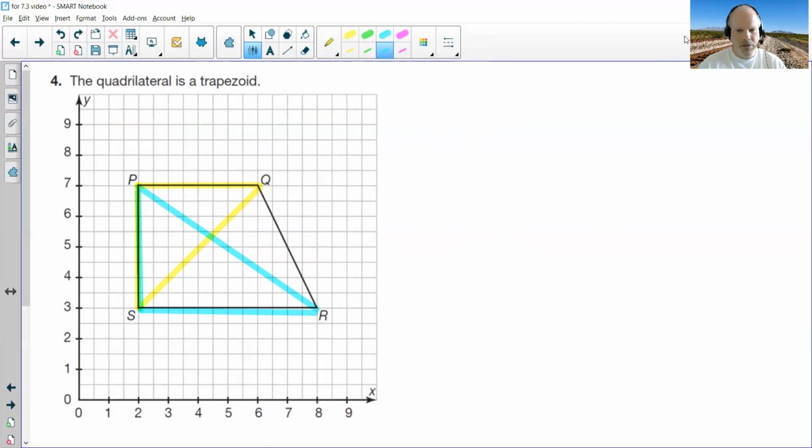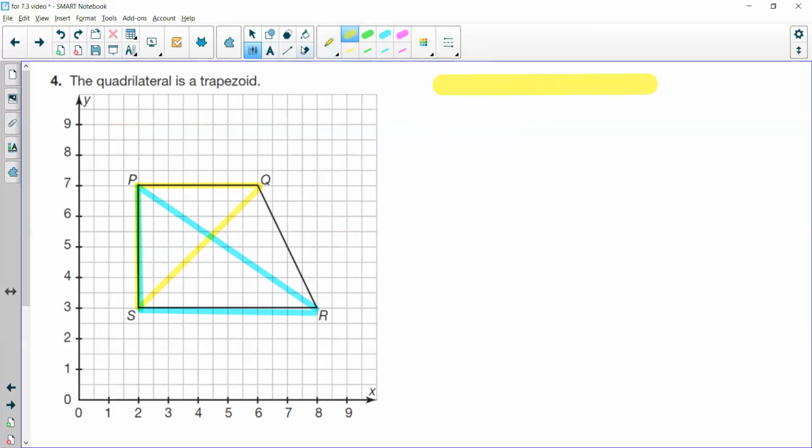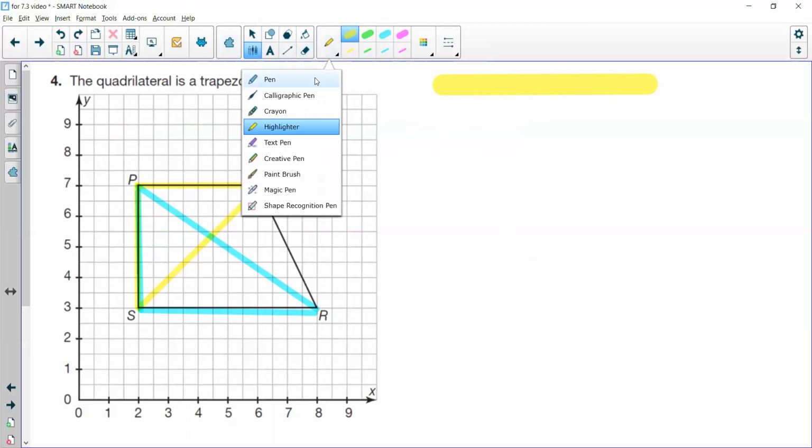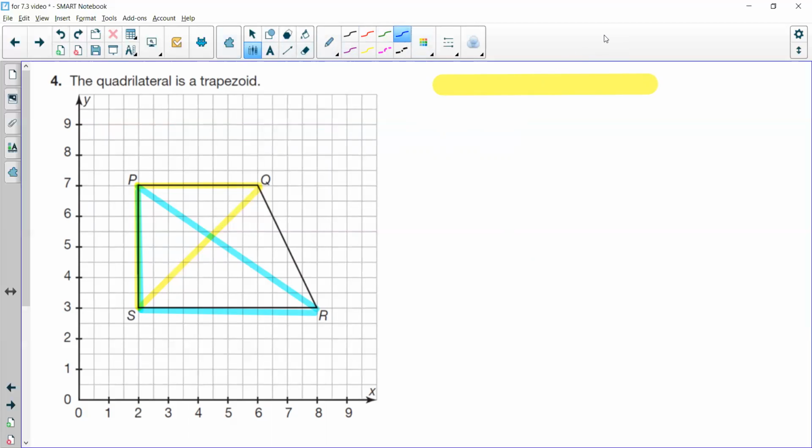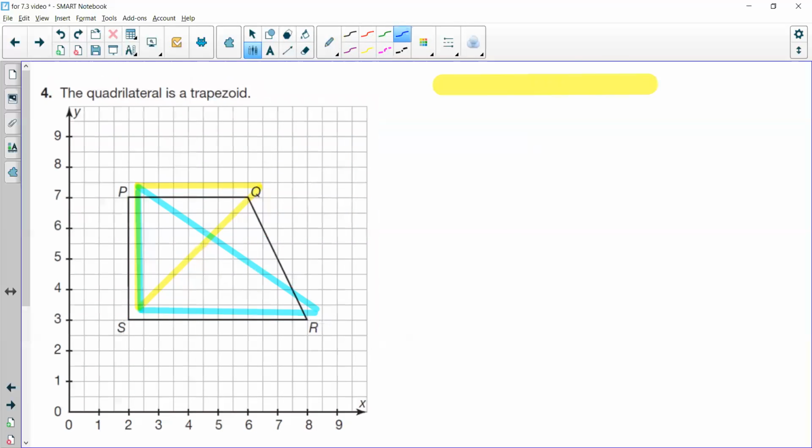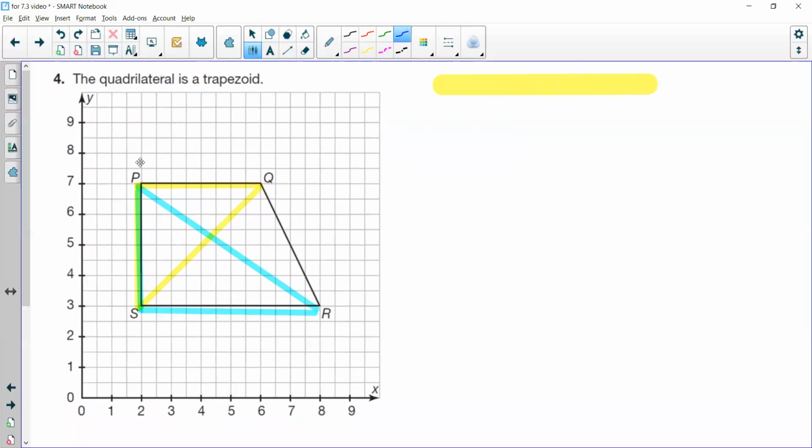So I'm going to start this one by marking some distances. First, let's do the yellow triangle. The yellow triangle goes from P to Q, which is from 2 to 6.